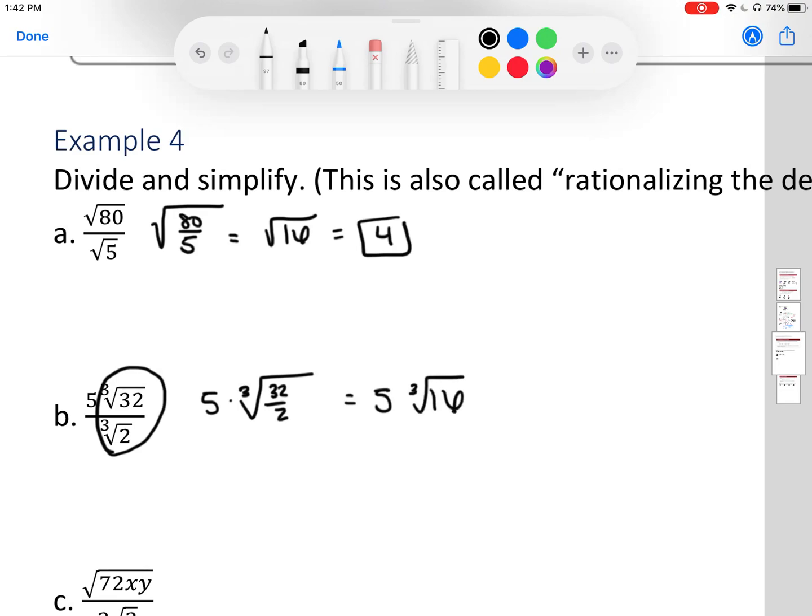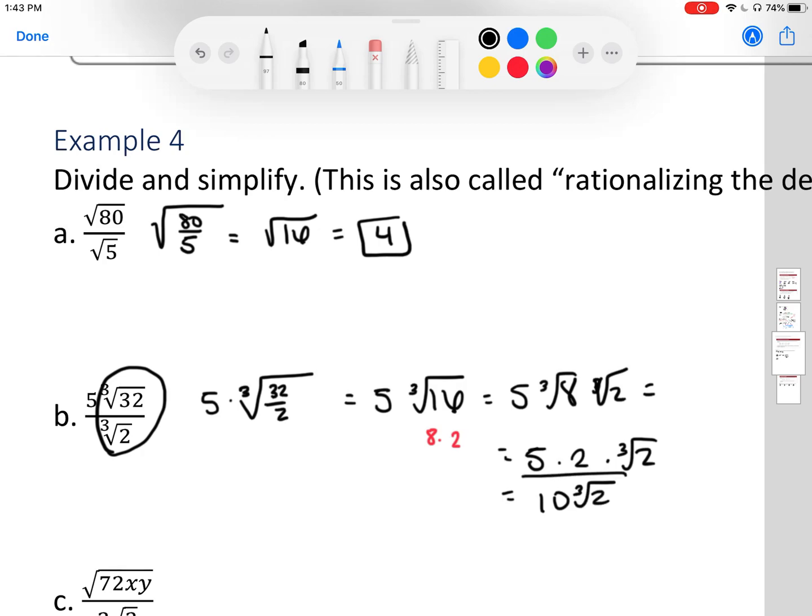I can take the cube root of 8 and get 16 from 8 times 2. So I have 5 times the cube root of 8 times the cube root of 2. So we have 5 times 2 times the cube root of 2. We get 10 cube root of 2.